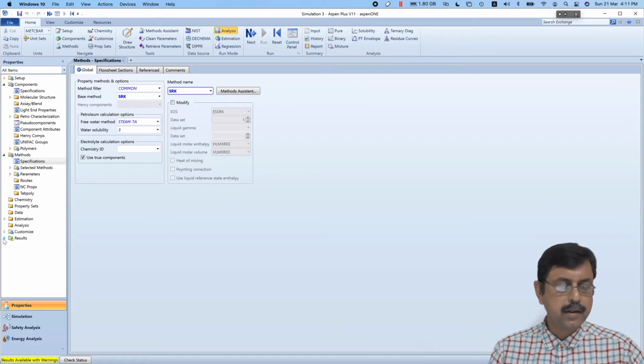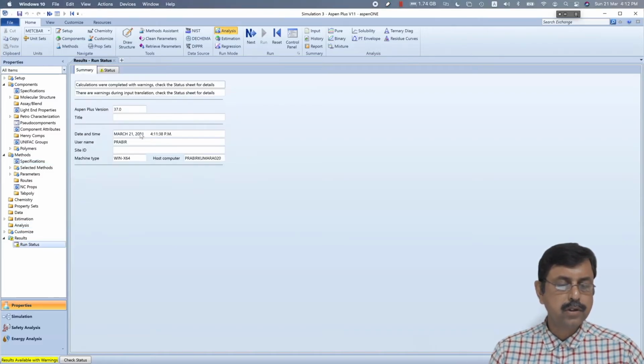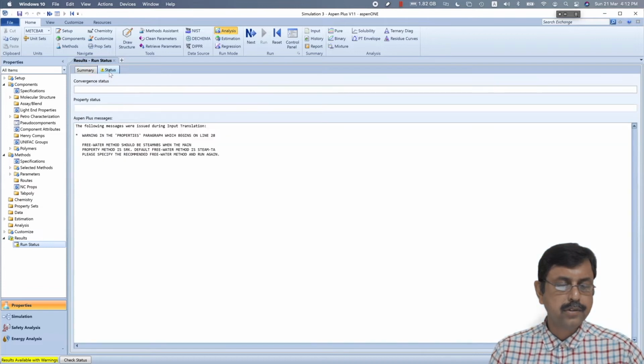There is an error. I know what the error is. Actually, when you are using the SRK method, then you have to use the free water method as steam NBS. And that's exactly what the run status should say. Let us check. Yes, the free water method should be steam NBS when the main property method is SRK.